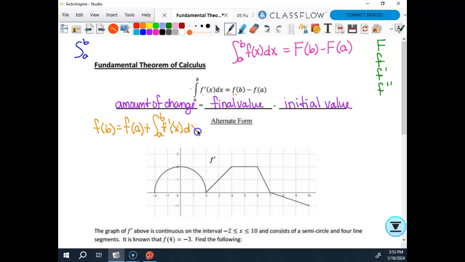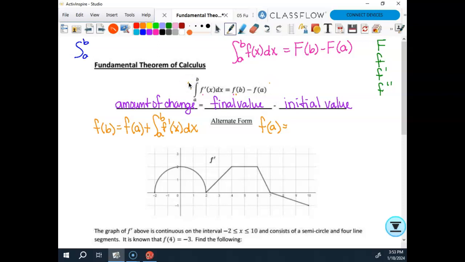So it's good to understand what those mean so that when we try and put them together, you can get them in the right order and get the correct subtraction. Well, let's say that I want the initial value. I want f of a. So from here, if I want f of a, I would add f of a over here and then subtract the change over here.